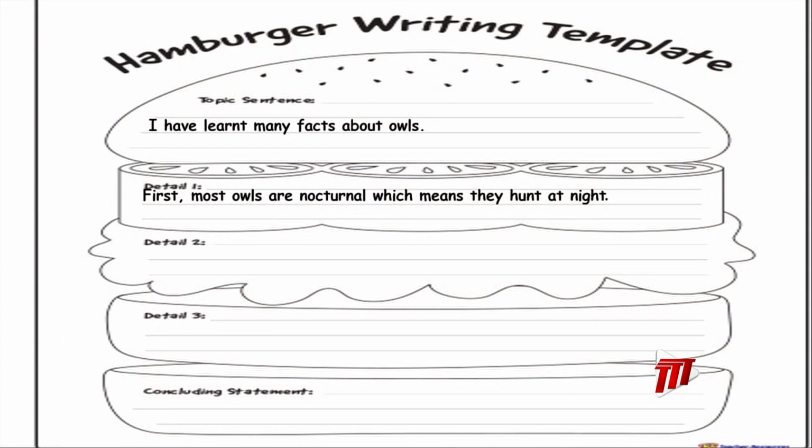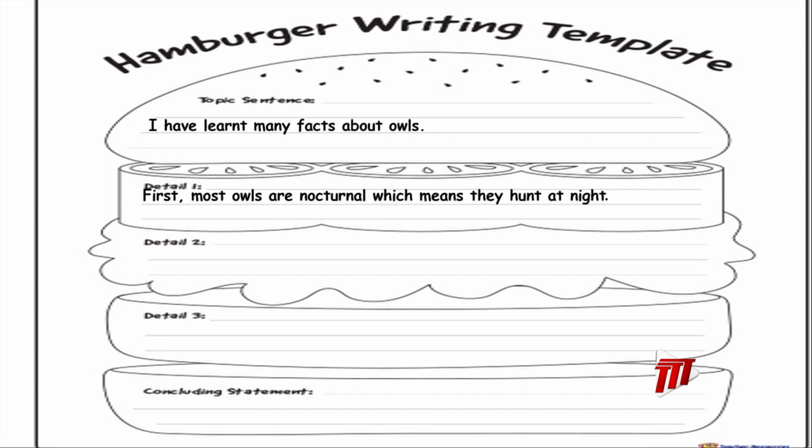Let's try and see. So we start this sentence with a transitional word, and it was first. So first, most owls are nocturnal, which means they hunt at night. So what does nocturnal mean? Yes, it hunts at night.